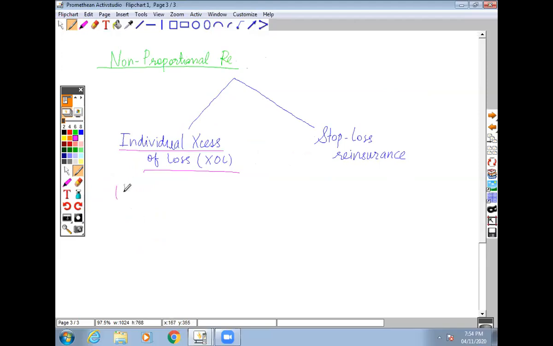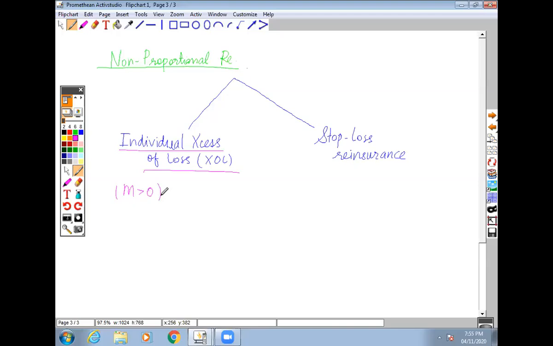I know that my M will be greater than 0, of course, otherwise it wouldn't make any sense. And what happens is the ceding company will pay the full total of the claims which have a value X less than or equal to M, up to some upper limit. So the reinsurance company can say that I'll pay the claims only from M to 2M.